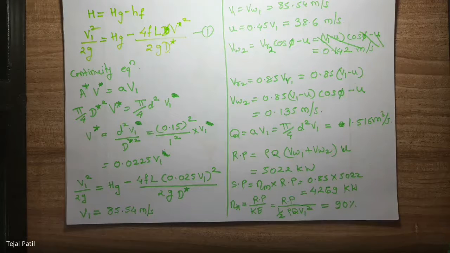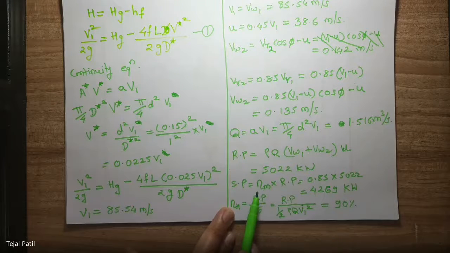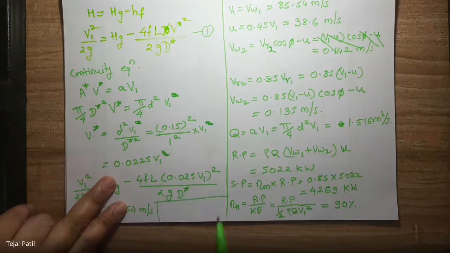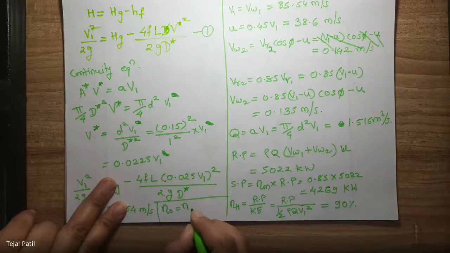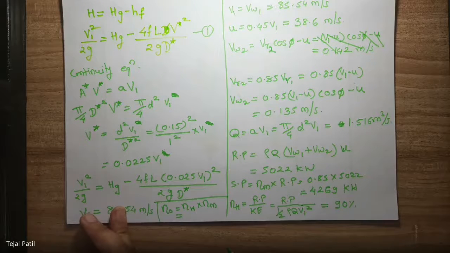Now how to find overall efficiency? You know the hydraulic efficiency, you know the mechanical efficiency. So simply overall efficiency is equal to hydraulic efficiency multiplied by the mechanical efficiency. I don't have space, but I'll write it over here. Yes, 76.6.